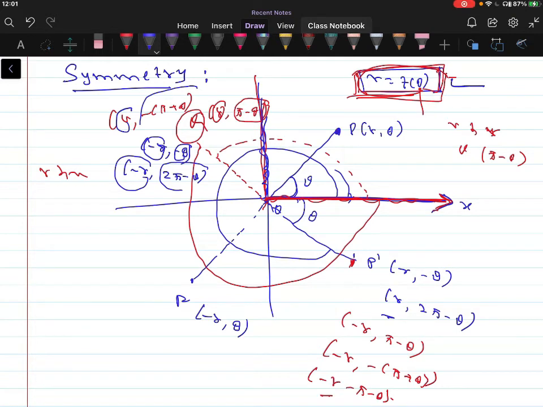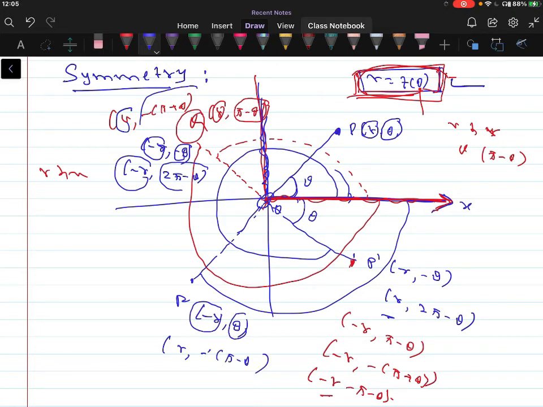Suppose you replace r by minus r and theta by theta, if there is no change in the polar curve, then we can say that the curve is symmetric about the origin. Take an angle in the clockwise direction. So this point coming to this point, so this is r comma minus pi minus theta.